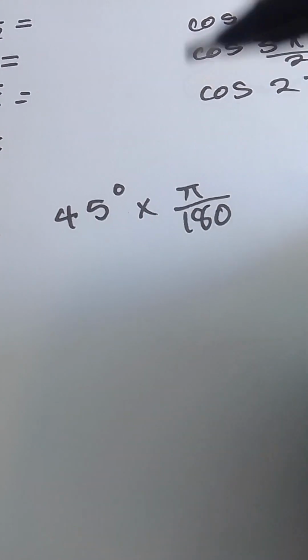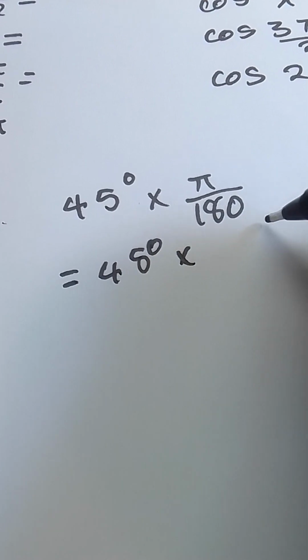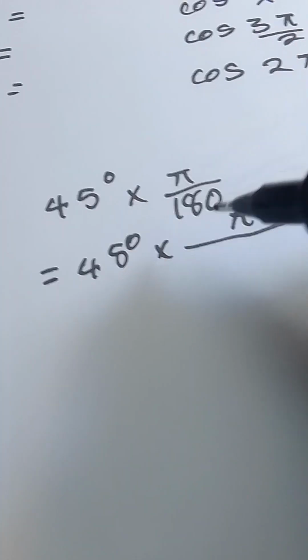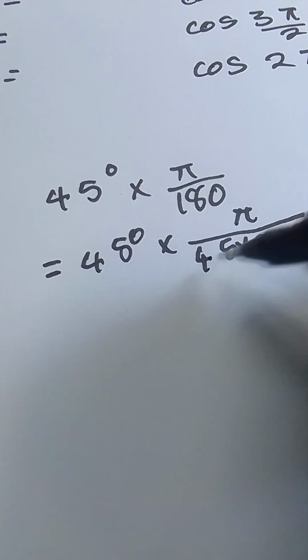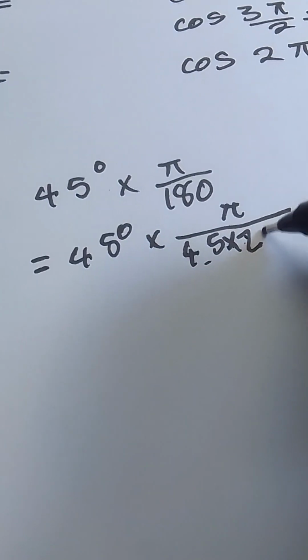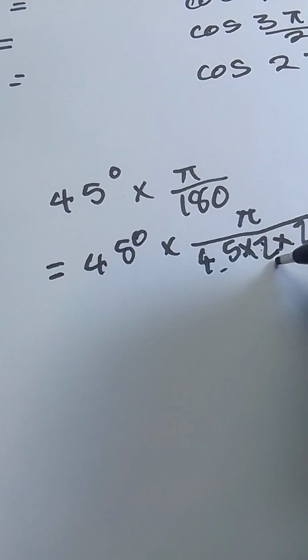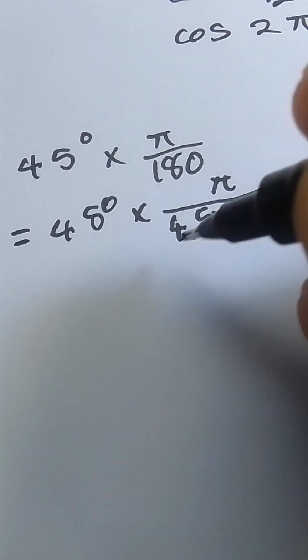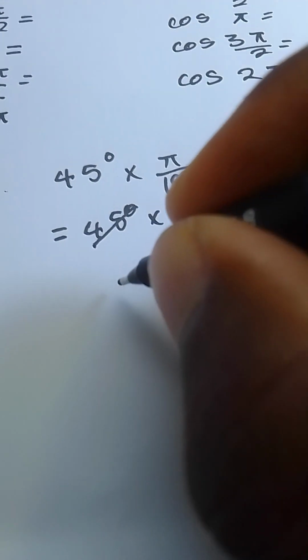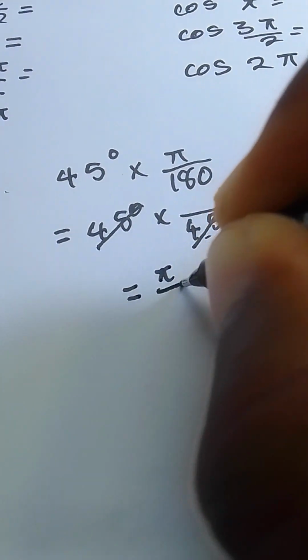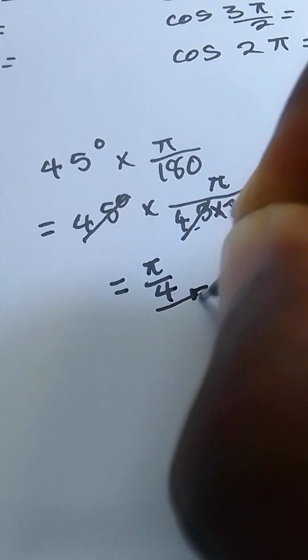And 180 is 45 times 4. So 45 degrees times pi divided by 180 gives us, because then this will cancel that, pi divided by 4 radians.